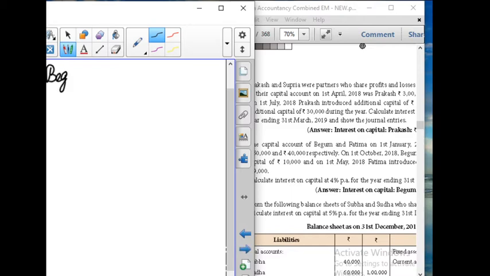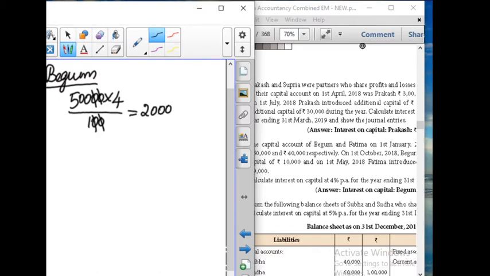Begum. What is the capital amount? 50,000 into what is the rate of interest? 4%. So 4 divided by 100, 0, 0, 0, 0 cancel, 2,000.